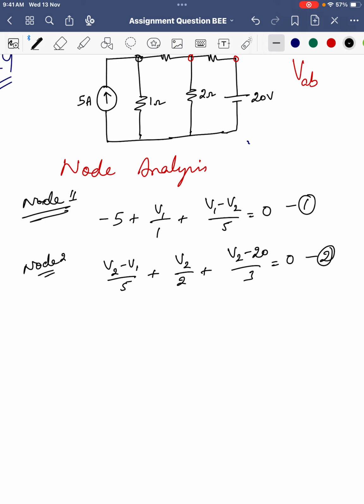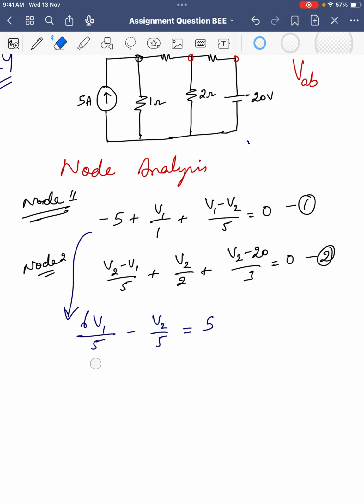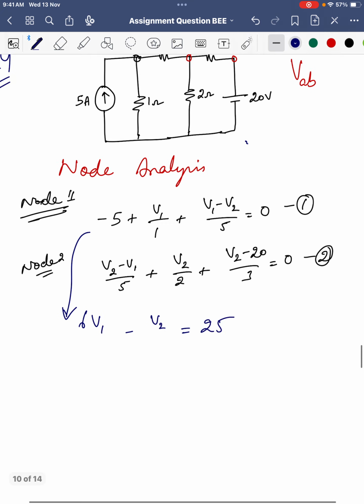So solving these two equations, first equation we can rewrite as 6V1 by 5 minus V2 by 5 is equal to 5, or we can write simply, this 5 will be removed and this will be 25.